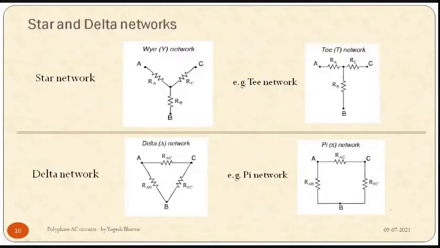Sometimes in different networks, we can observe the formation of this pattern. Maybe the resistances are connected in this pattern, either star or delta. So this is also possible in common DC circuits, where we can observe the star network or delta network.